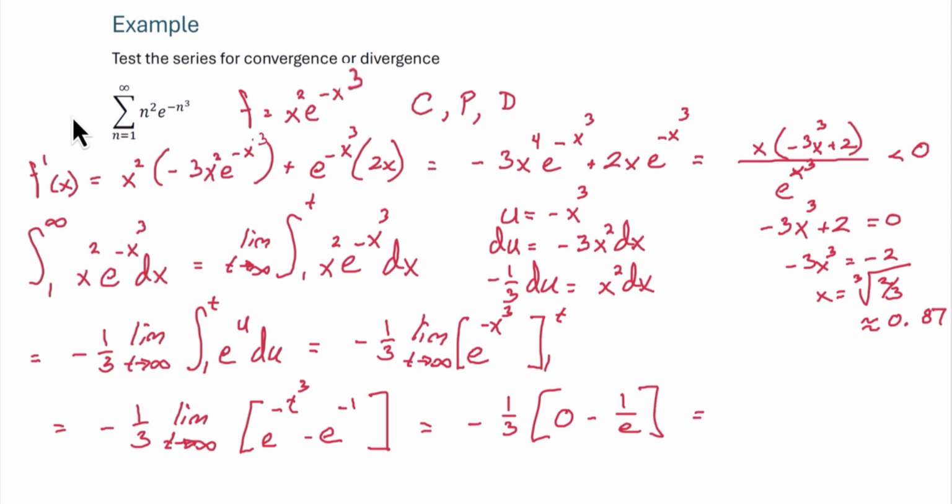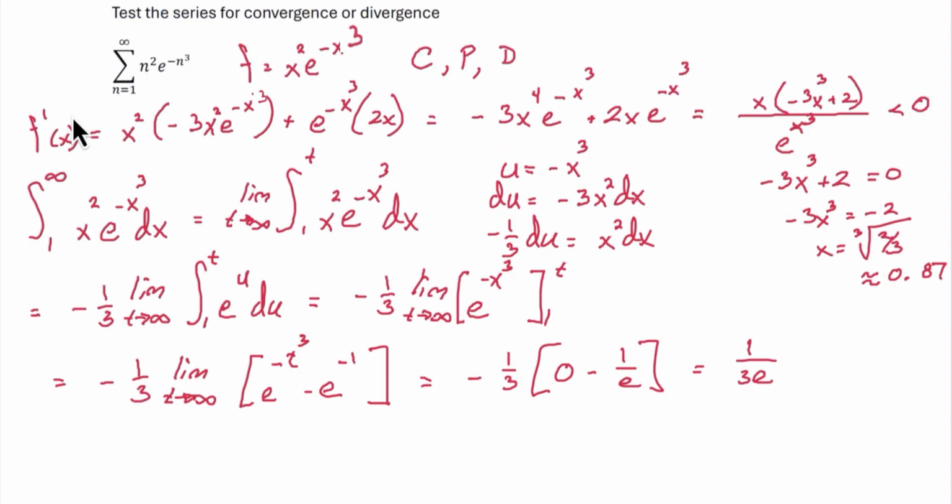And simplifying that, we get 1 divided by 3e. So with that, we know that the series of n squared e to the negative n cubed converges by the integral test.